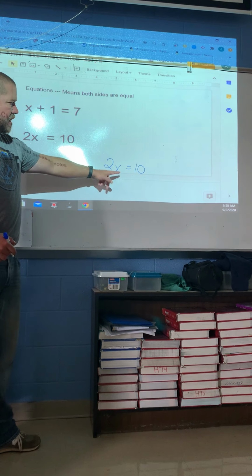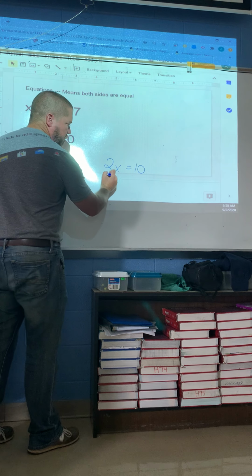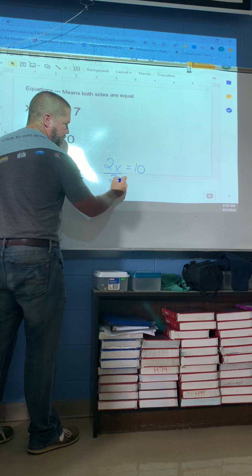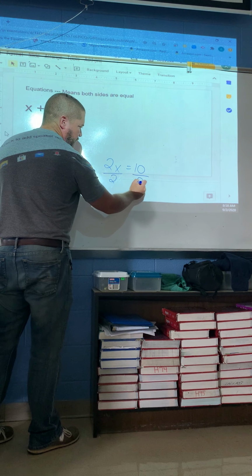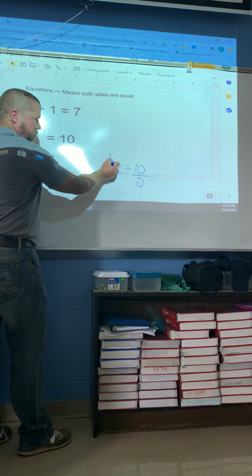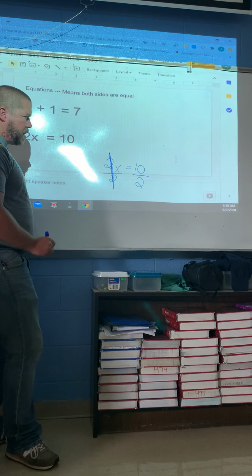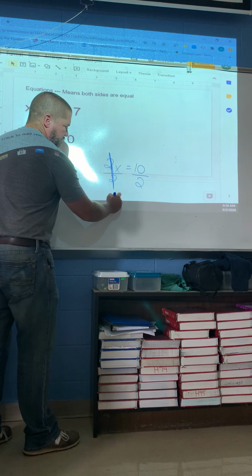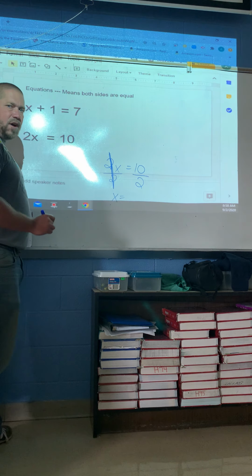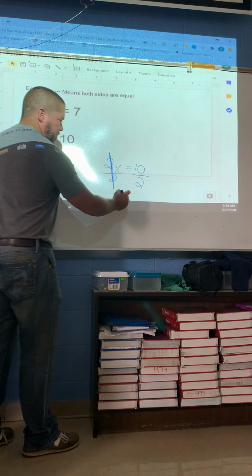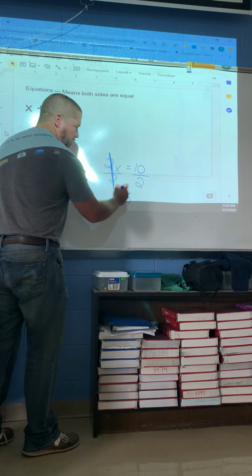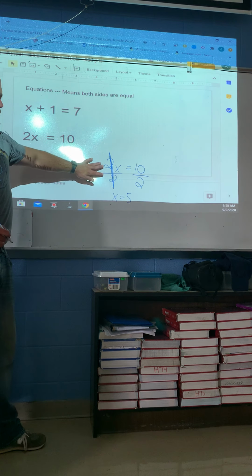So with 2 times x, to get rid of the 2, we have to divide. 2 divided by 2 gives us 1, so we have 1x like we're trying to accomplish. And on the other side, we have 10 divided by 2, which is 5. So it's the same thing you already knew, but now we actually showed it mathematically.